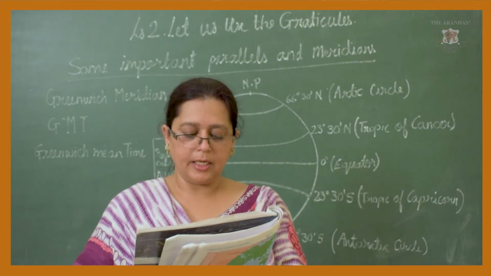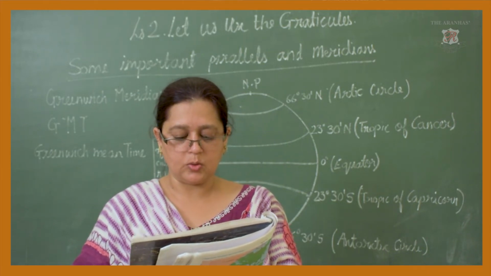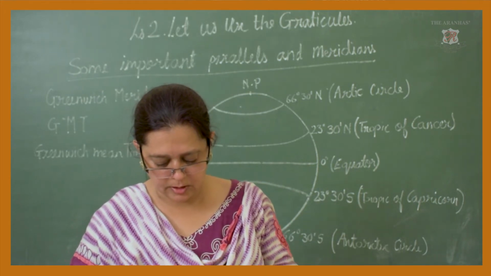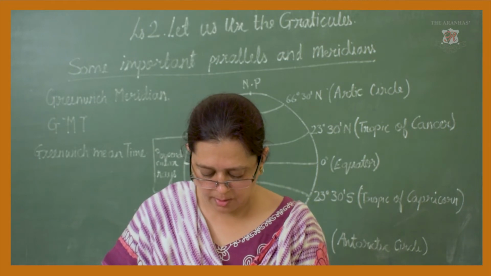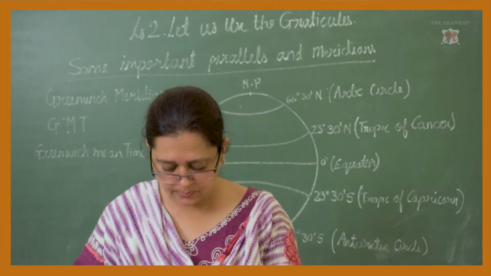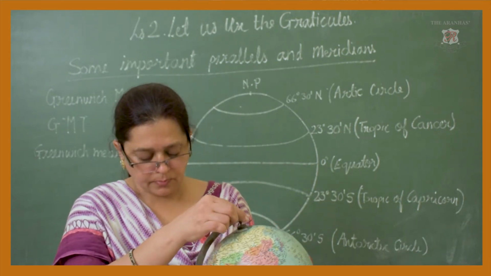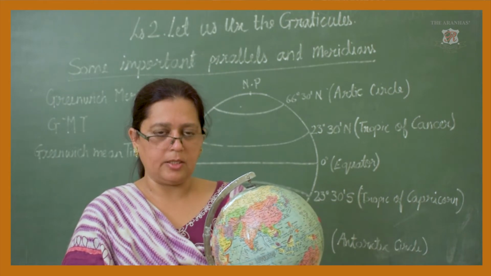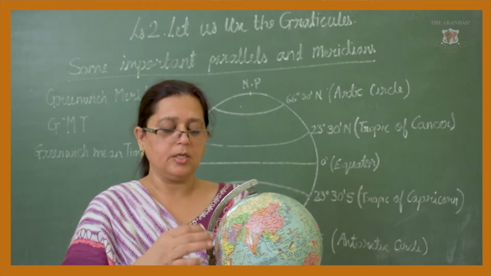The 180 degrees meridian is also important. From the prime meridian, other meridians are marked east and west up to 180. Over here, this is called the prime meridian. It is 0 degrees from here.